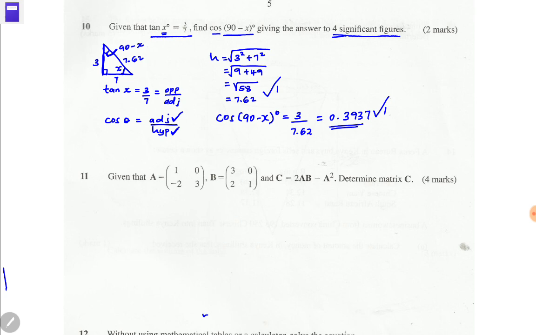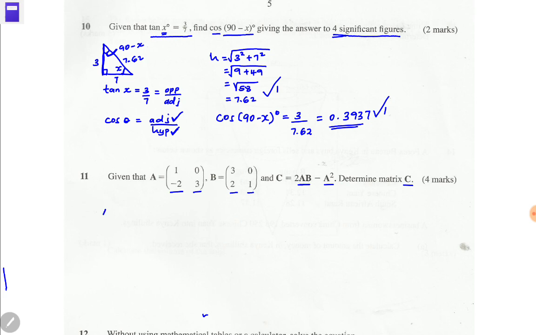Question 11. Given that A is equal to 1, -2, 0, 3, B is equal to 3, 2, 0, 1, and C is equal to 2AB minus A squared, determine matrix C. So to determine matrix C, let us first determine matrix AB.